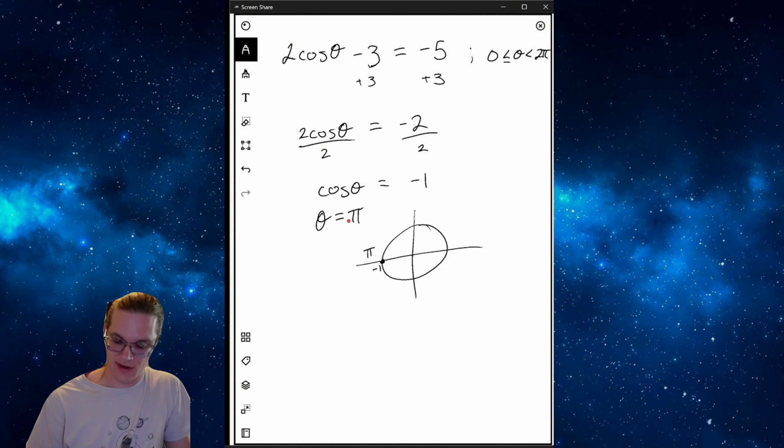Right, so if I do another one of those quickly, let's say we're given this equation, and it has this extra condition. It's another way of writing theta falls between those values. This means the same as this. These mean the same thing.